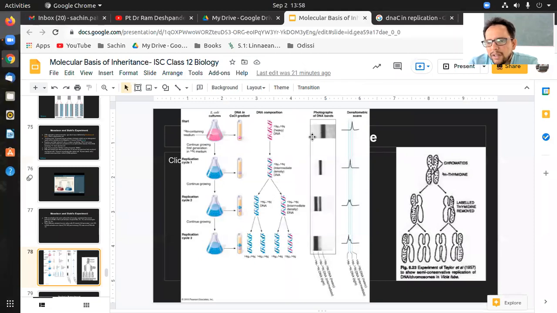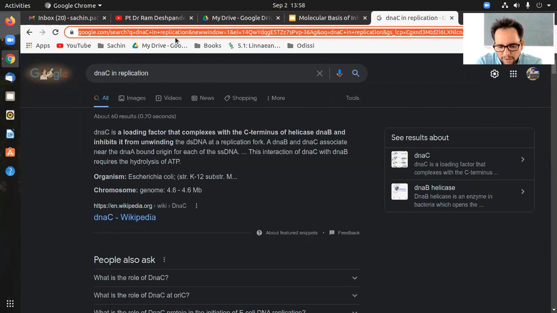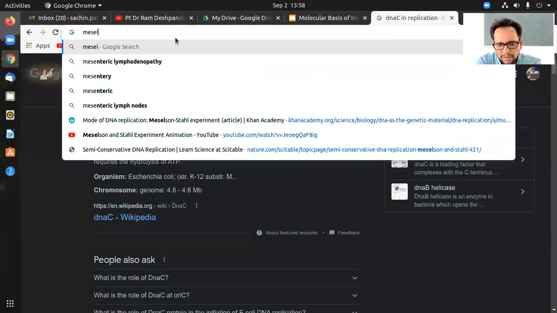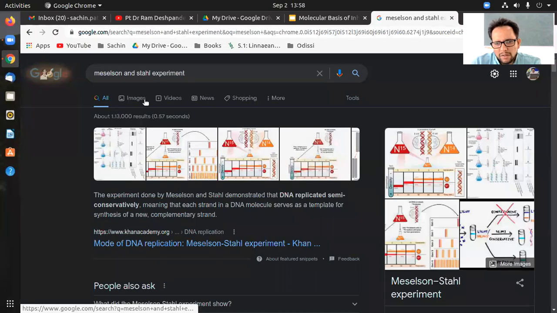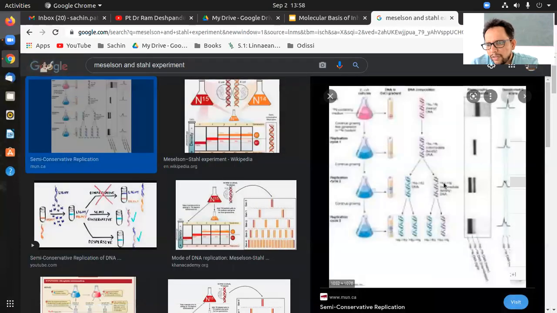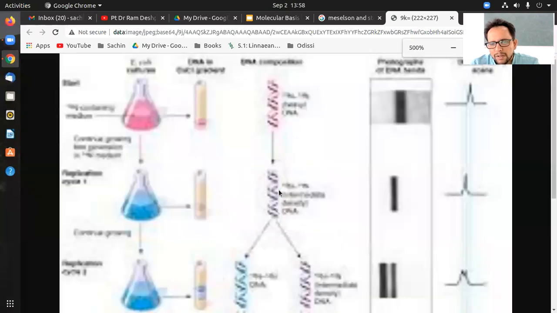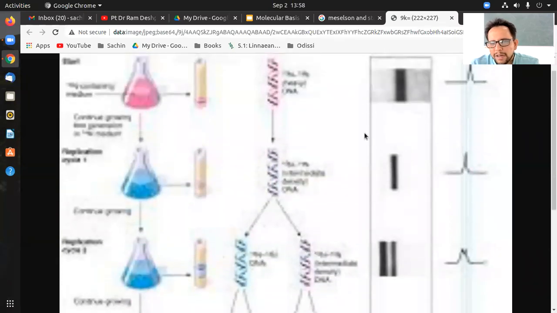Okay, I can't really see it, let me open it in a new tab. So this is the Meselson and Stahl experiment. It is this one. I can try to zoom in on the diagram here at least. I can't zoom in. Oh, the clarity goes for a toss here. Okay, very bad.